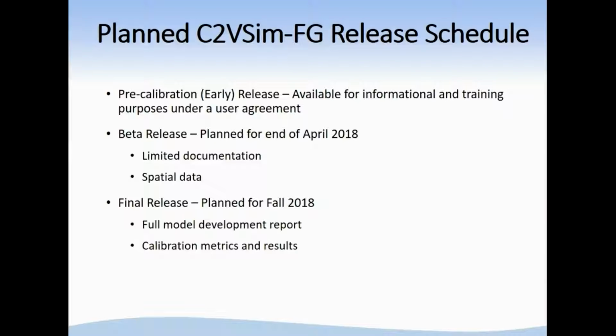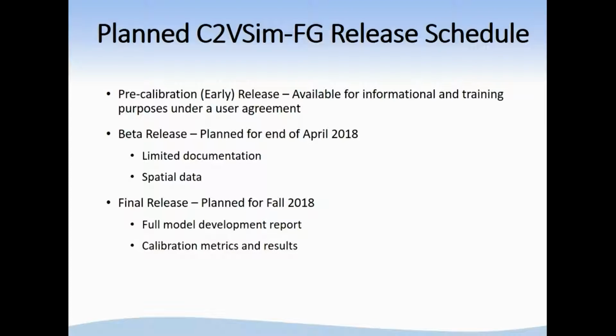So right now you can go to the SGMA website, sign a user agreement, and download the model in its current, uncalibrated state. The idea is that you're not supposed to develop your GSP with that, but basically to familiarize yourself with the model files and different interactions.